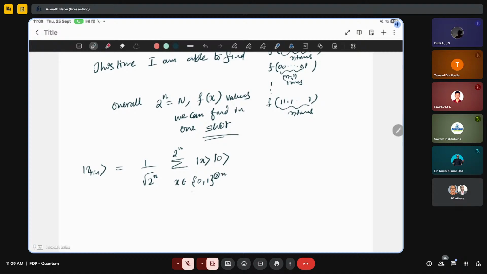How many such values will there be? 2 to the power of n values. So this is what goes through the quantum gate of unitary.